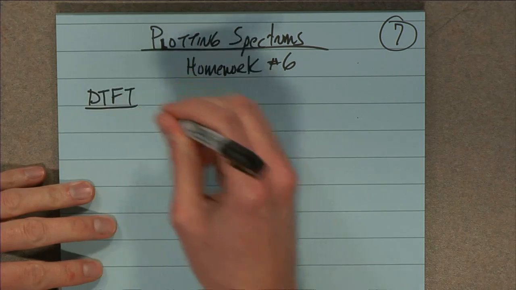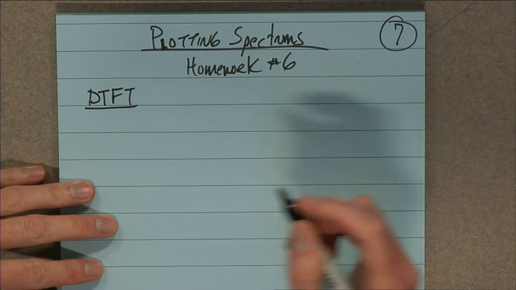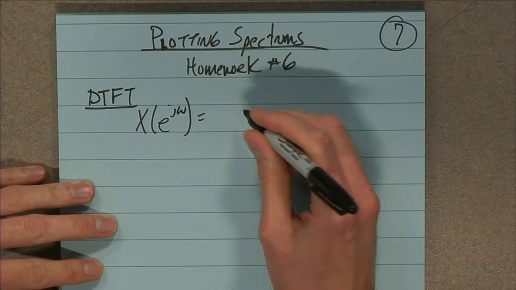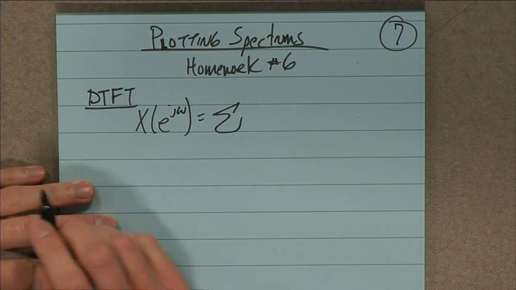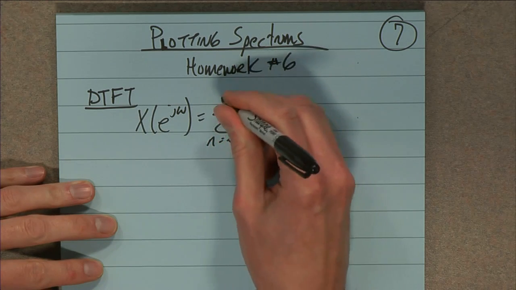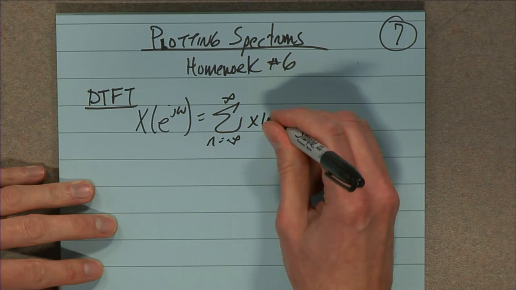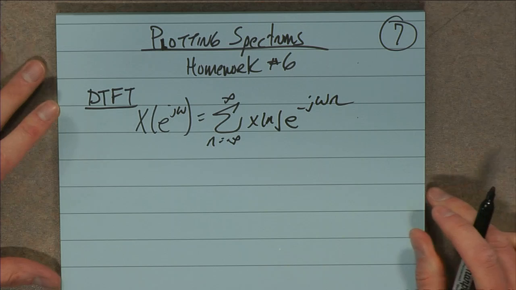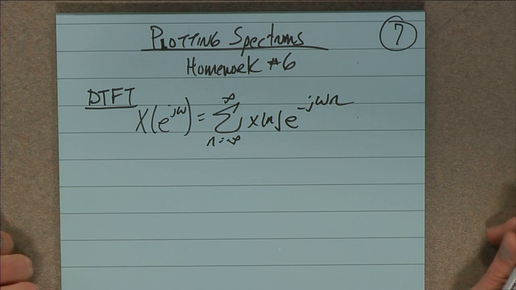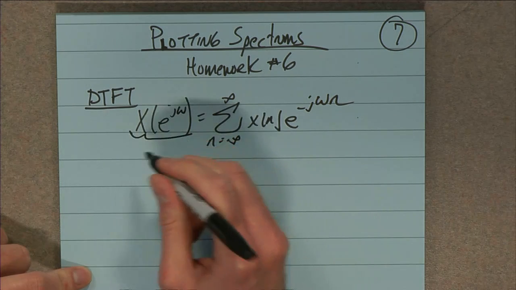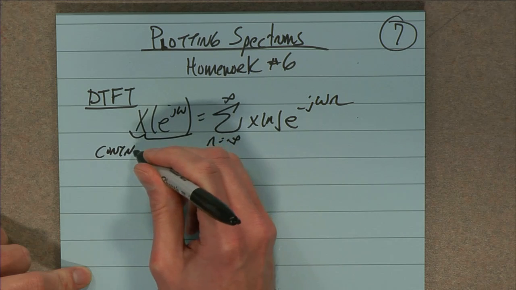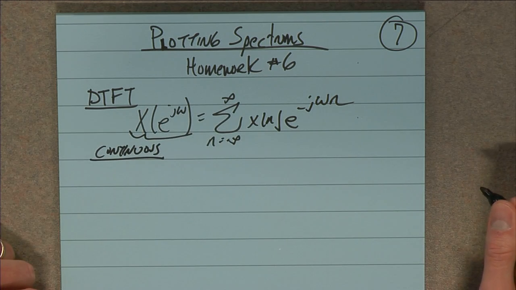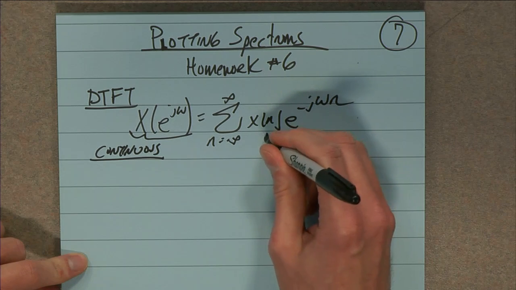So in contrast to the DFT, let's harken back to chapter 2, where we talked about the DTFT. So there's our friendly DTFT. And when we look at it, well, this was a continuous function, and this was discrete.